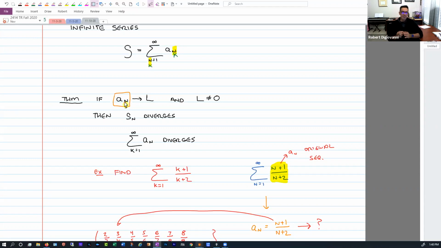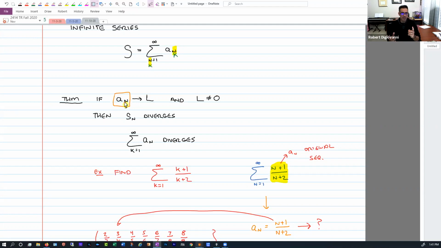Let's say that again. If you're looking at the sum of a sequence and the sequence converges to something other than 0, then the series diverges.